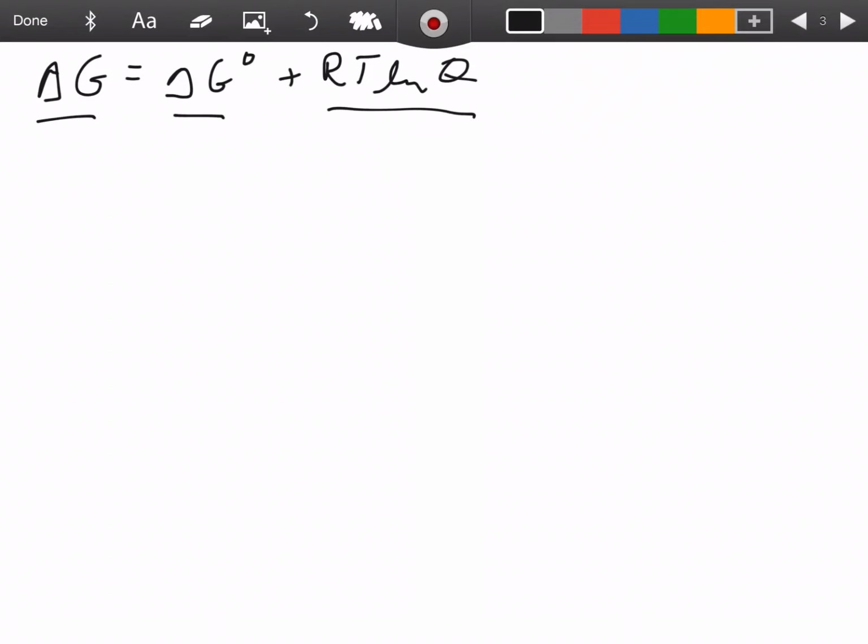We can do the same thing because remember that delta G is related to E0.